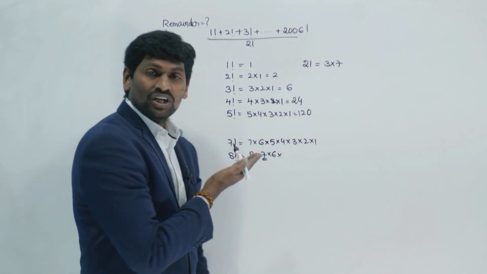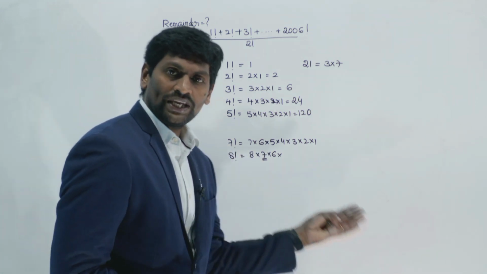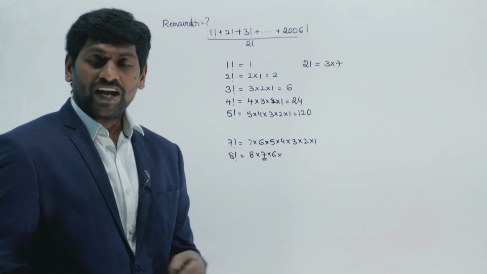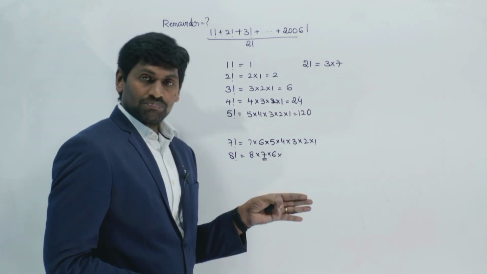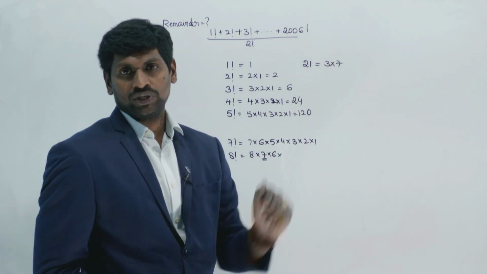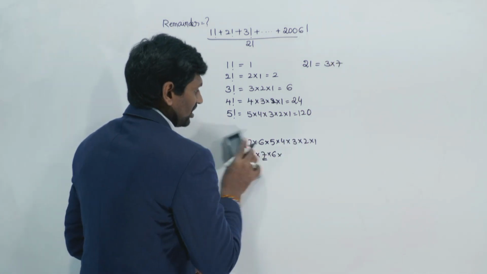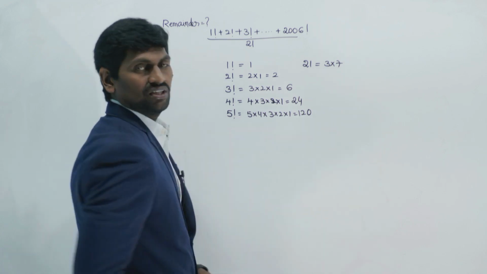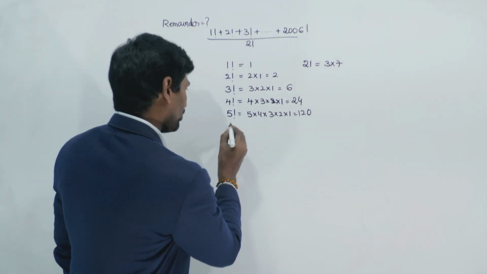So 7 factorial, 8 factorial, 9 factorial, and every factorial from 7 onwards is exactly divisible by 21. So we need not take 7 factorial onwards. We should check up to 6 factorial.